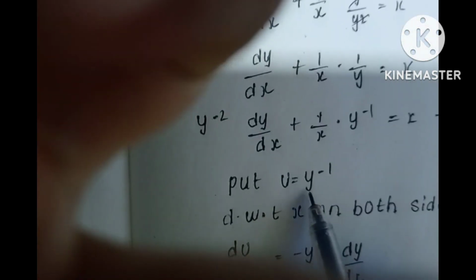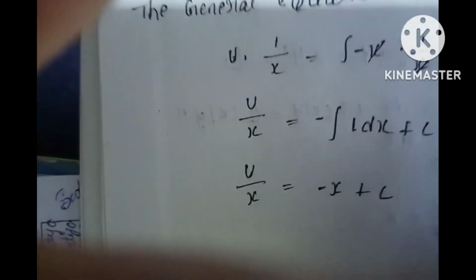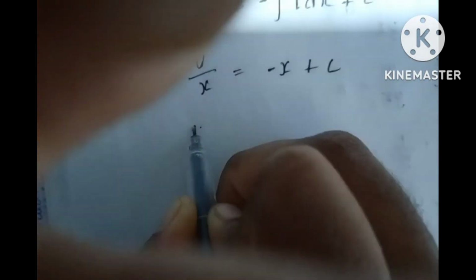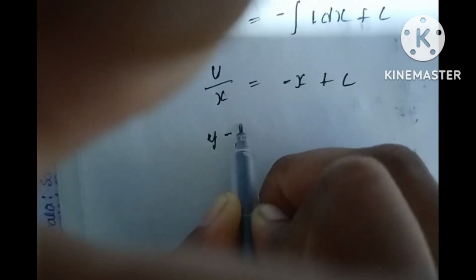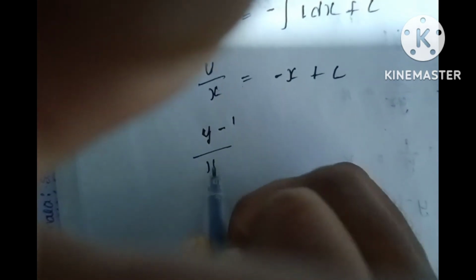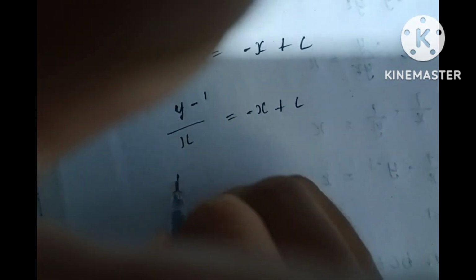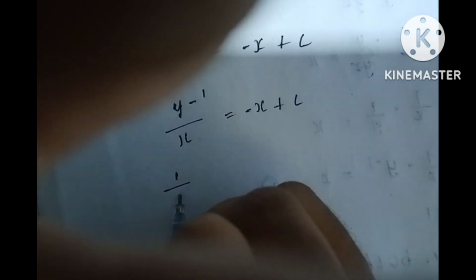The u value we already know. The u value is y power minus 1. So we have to replace the u value. y power minus 1 by x is equal to minus x plus c, and y inverse we write as 1 by y.